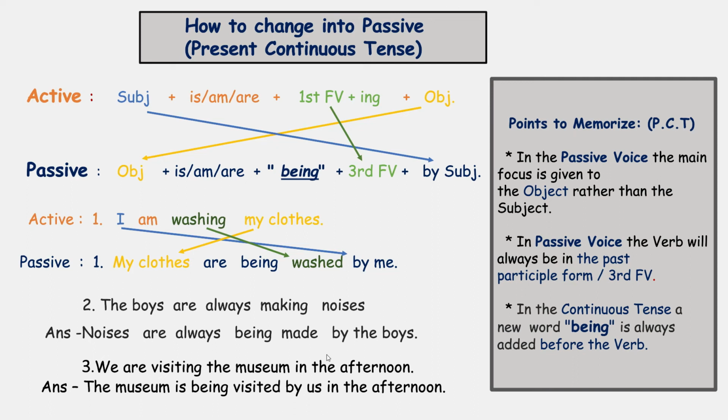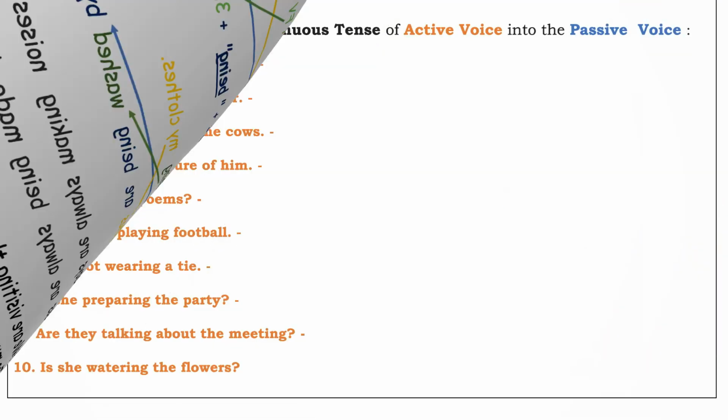Some of you tend to get confused when words are placed after the object. So know that the object is the noun or pronoun upon which the action is done. Action is not done upon the afternoon, it's done upon the museum. They are going to visit the museum. They are not going to visit the afternoon. Got it?